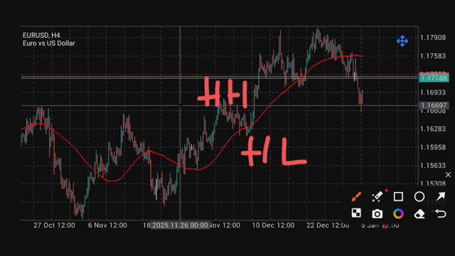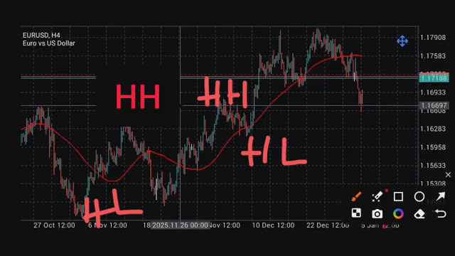Then the price broke the structure, so this is another higher high, and this is a higher low. If there was a previous structure, if I scroll back a little, this would be a higher low. But currently, the price is forming higher highs and higher lows.